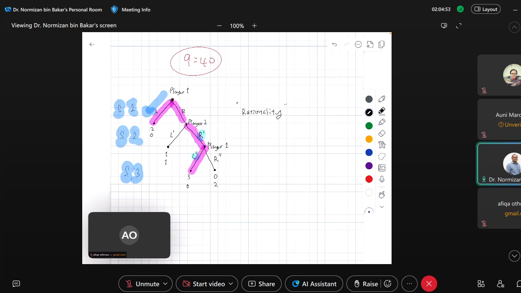So if player one doesn't choose L, they are irrational; player one knows that player two is irrational, and player two knows that player one is irrational. But if the players are rational, then the game ends at the first stage. Player one chooses L, and the game ends. Okay, so that is the question. You may find some games that come with such solutions too.